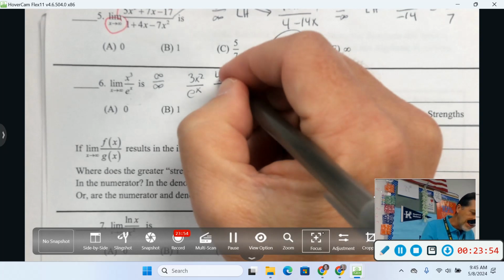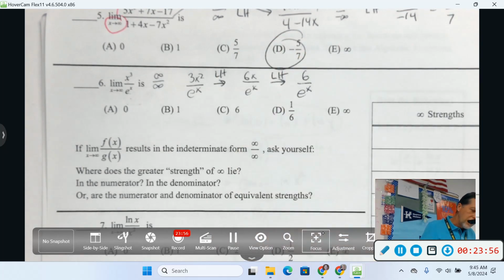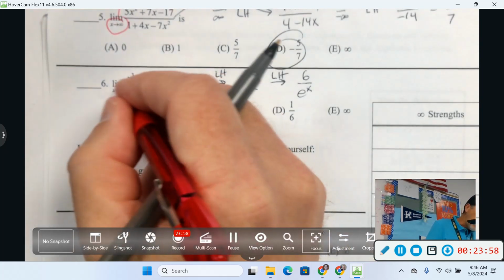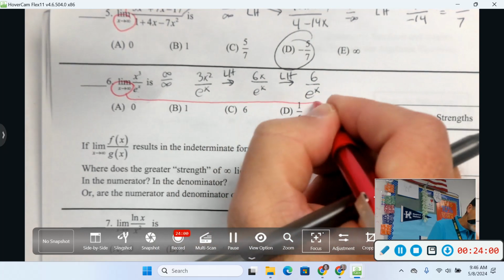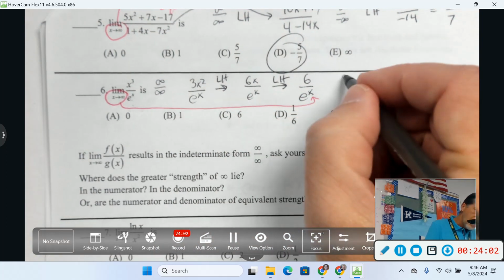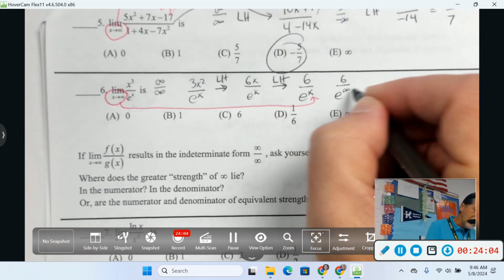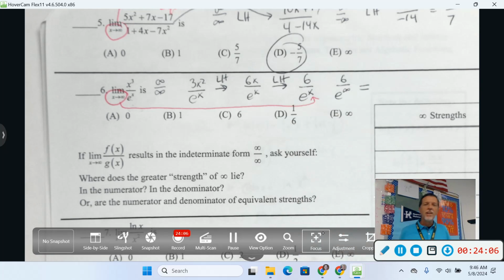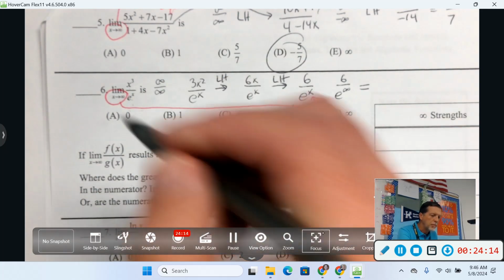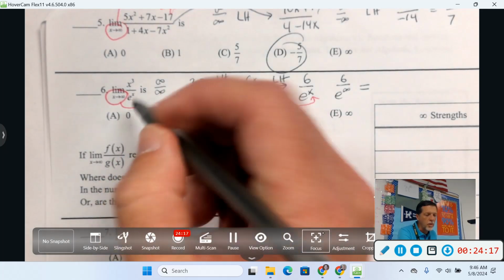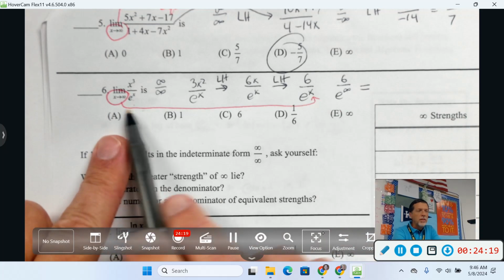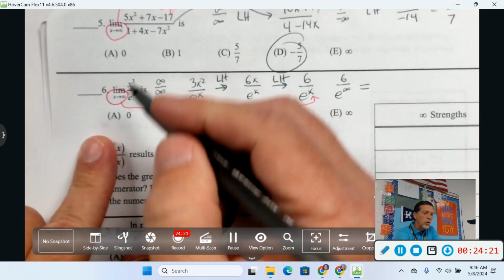Now if I plug in infinity, I get 6 divided by e to the infinity, also known as 0, because you're doing 6 divided by something really, really big, which is really, really small. It never equals 0, but again, this is a limit, so we're approaching 0.